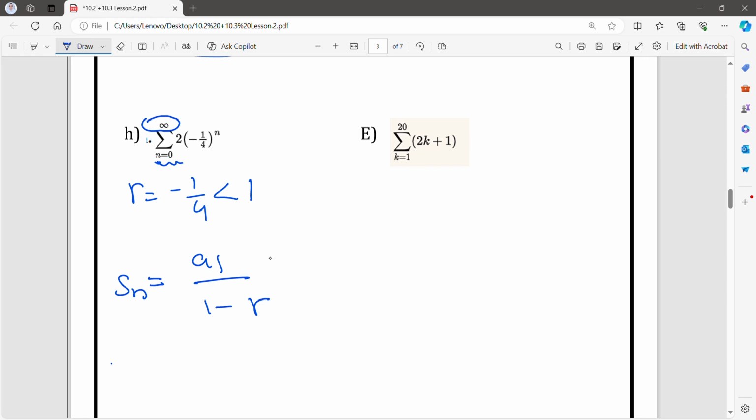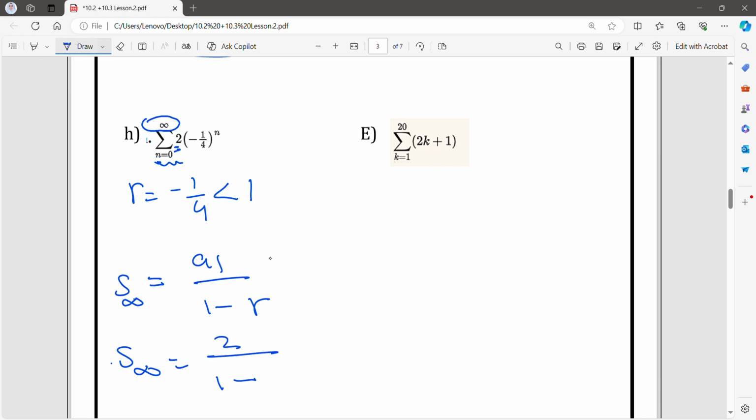Now, what will be here? Instead of n, there is no n because we have an infinite geometric sequence, so here will be infinity. Here is infinity, right? So a1 is what? Again, I told you in a geometric sequence, the number you are multiplying here will be a1, which is 2. And 1 minus r is what?